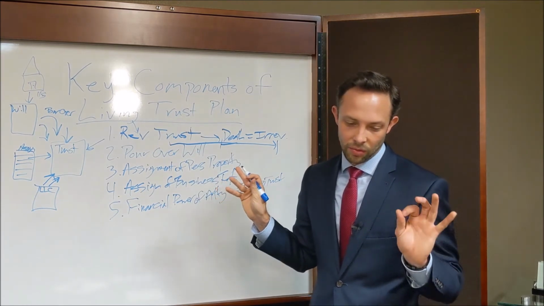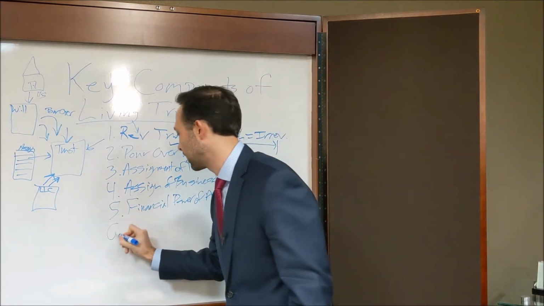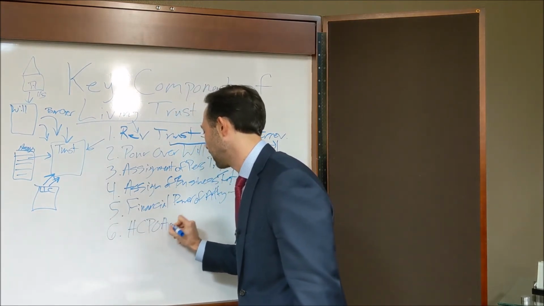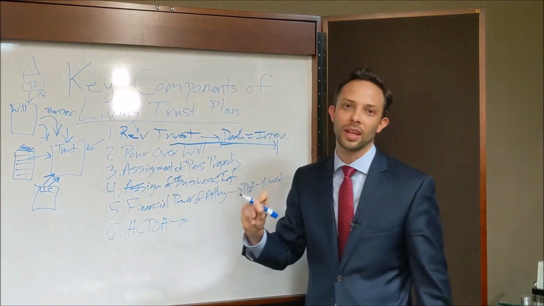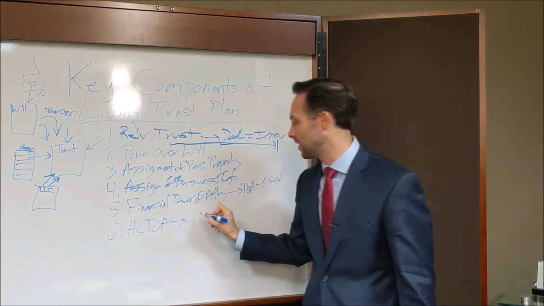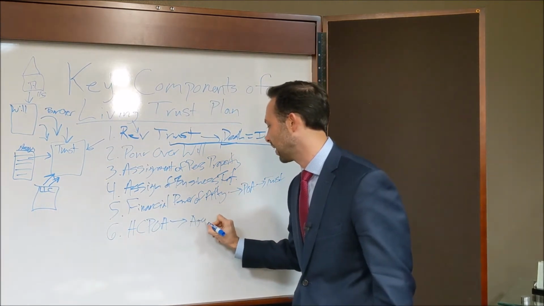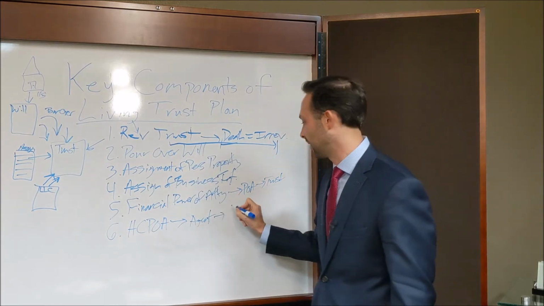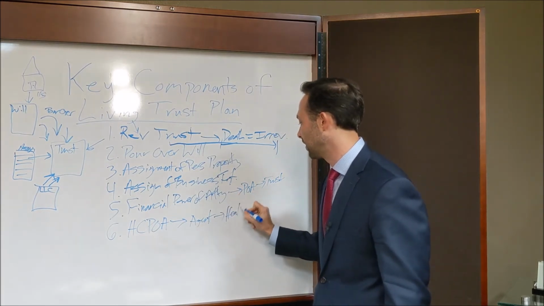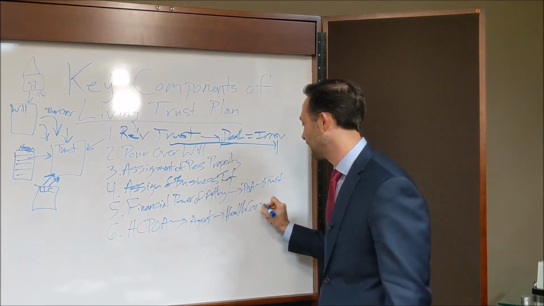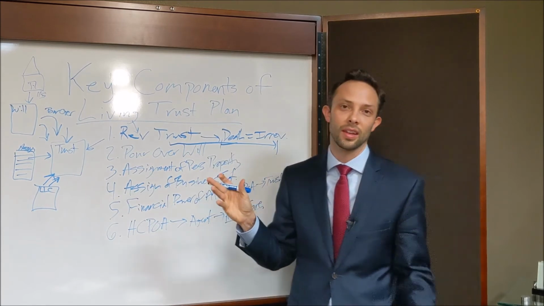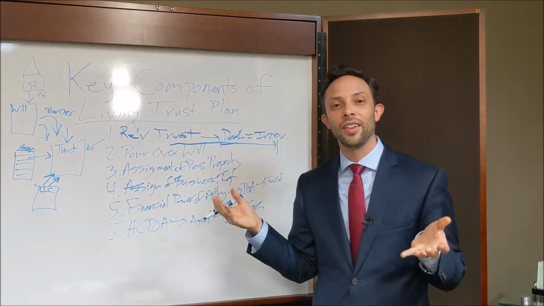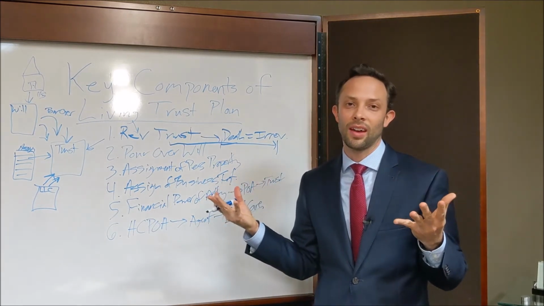Next, we have the healthcare power of attorney. And this should be part of your plan, whether it's a will or a trust plan, in my opinion. This names an agent to act for your healthcare affairs if you are ever incapacitated. So I always say to my clients, your health care is really your most important thing, because when you're alive, what you have is your health and your life to look after.